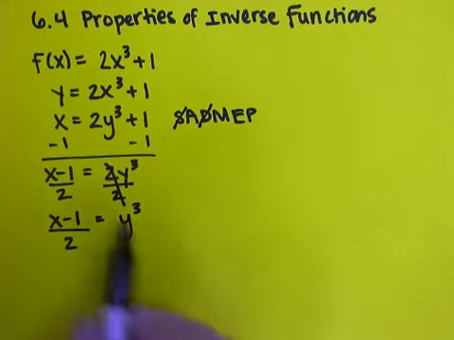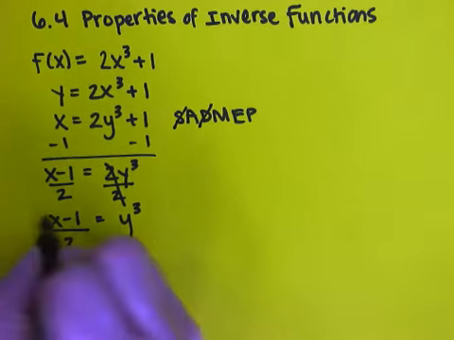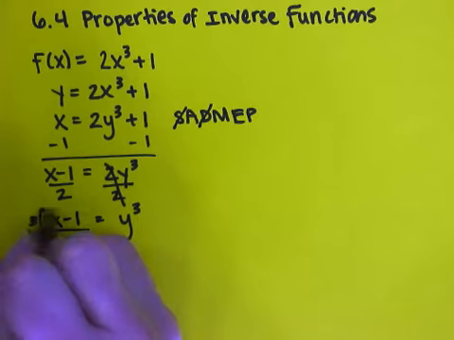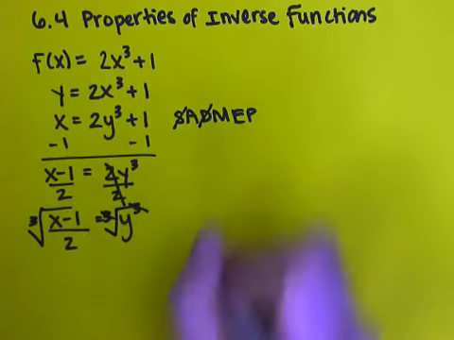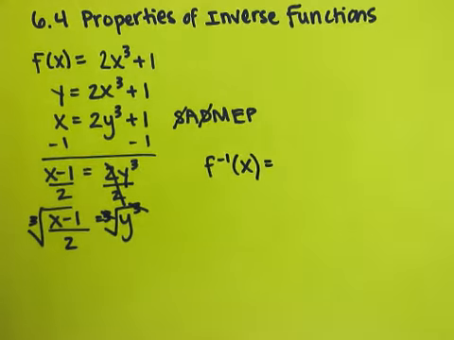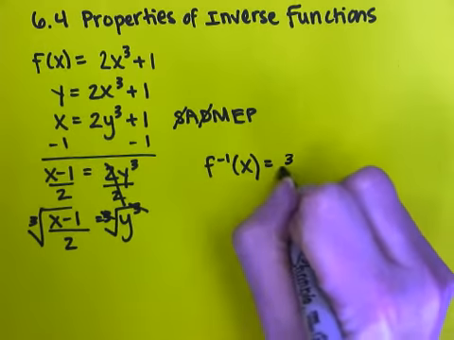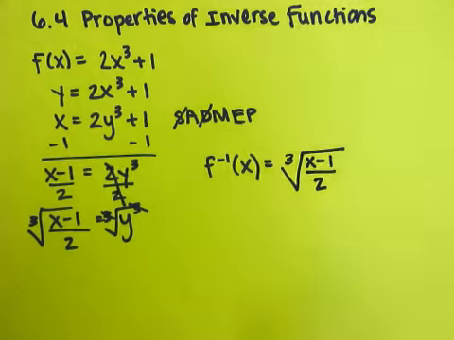And finally, I need to cancel out the cube. The opposite of cubing something is the cube root, so I'm going to take the cube root of both sides to cancel out that cube. This means that my inverse function, f inverse of x, is the cube root of (x minus 1) over 2.